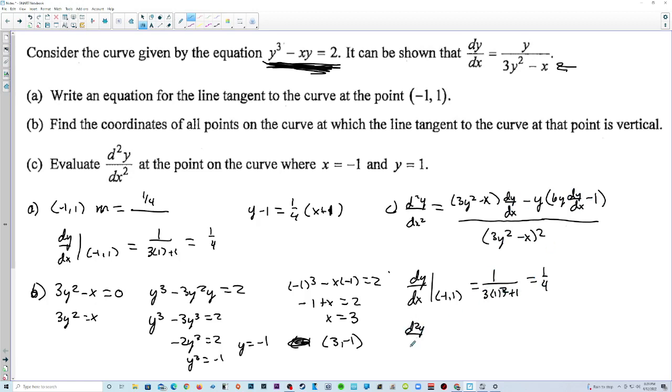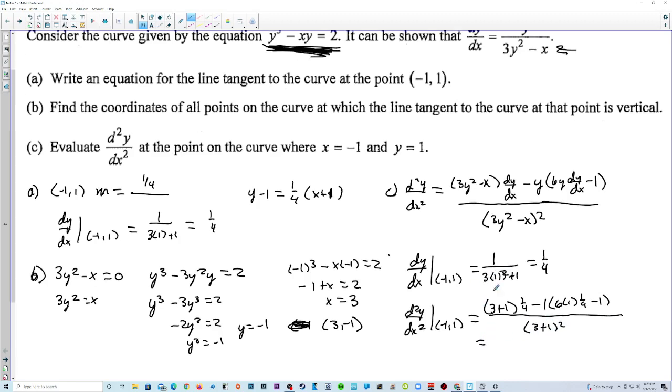So let's evaluate the second derivative at the point (-1, 1). So 3 times 1, that's going to be 3, plus 1 times 1/4, minus 1 times 6 times 1 times 1/4, minus 1, all over 3 plus 1 squared.